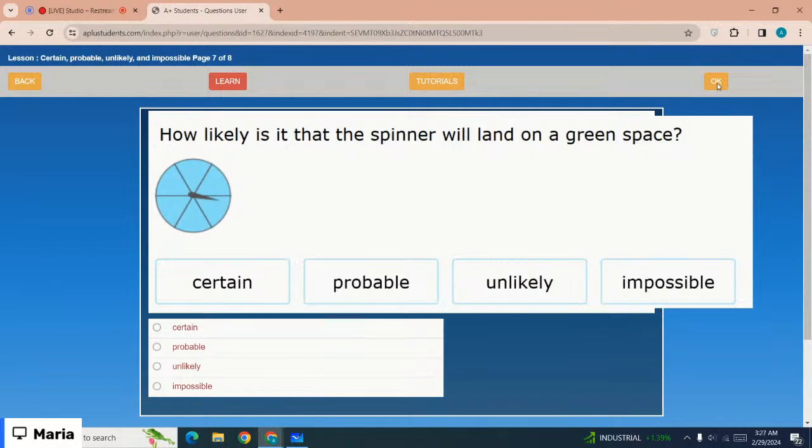The correct option is, yes, impossible it is because no space here is green. So the correct option is impossible.